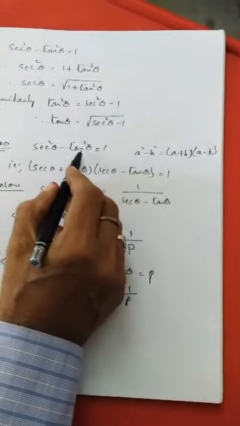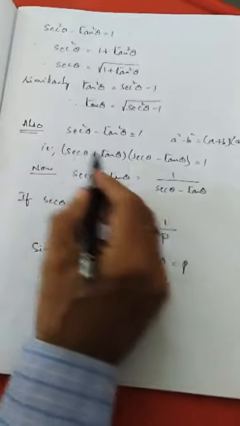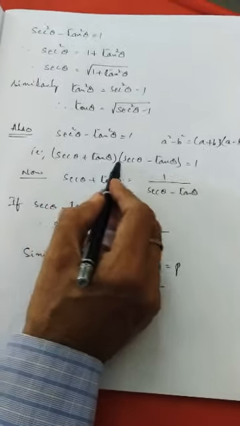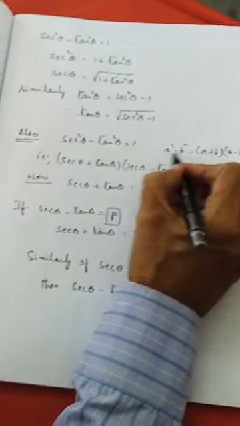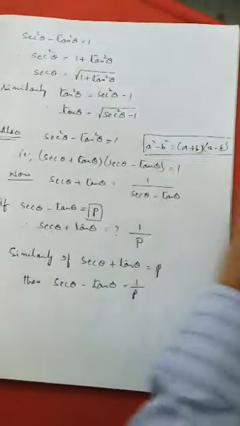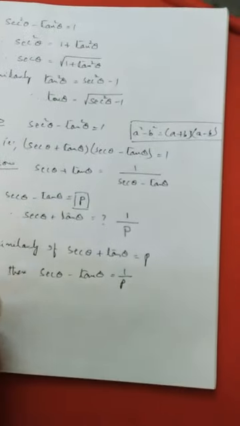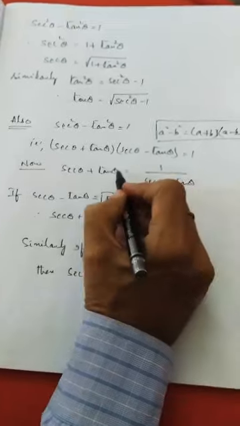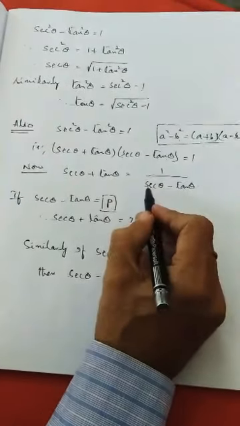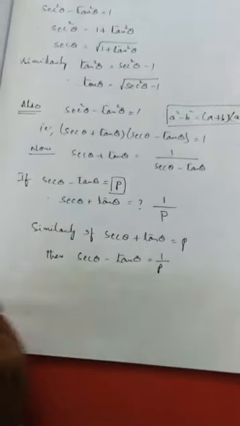Secant square minus tan square we can elaborate like this: secant theta plus tan theta into secant theta minus tan theta, according to a square minus b square is equal to a plus b into a minus b. So therefore secant theta plus tan theta is equal to 1 divided by secant theta minus tan theta.